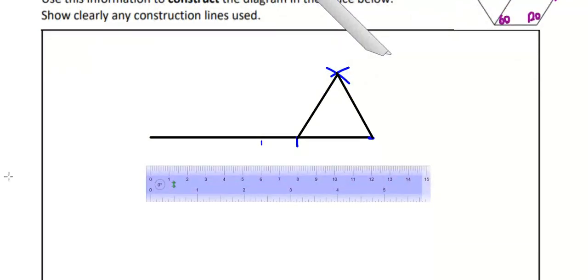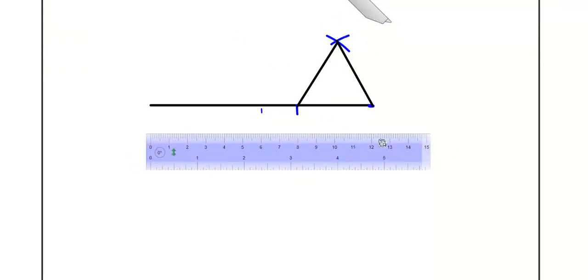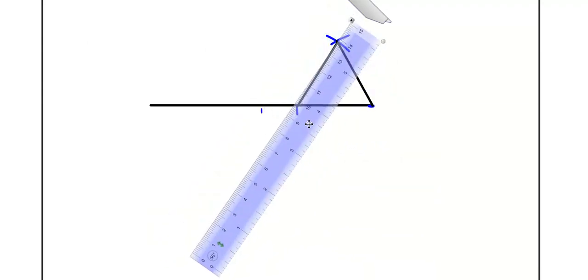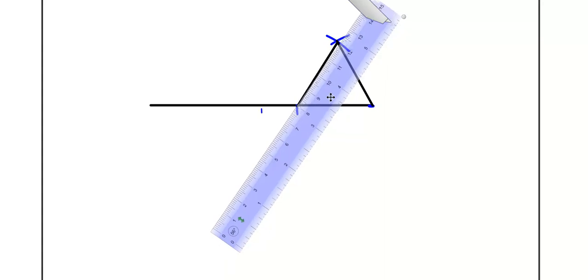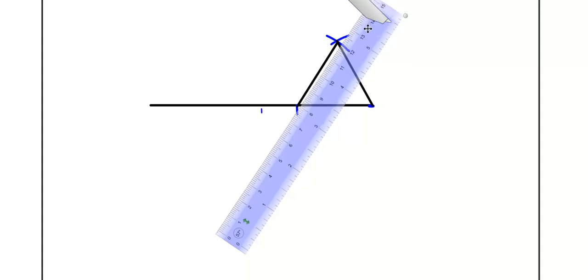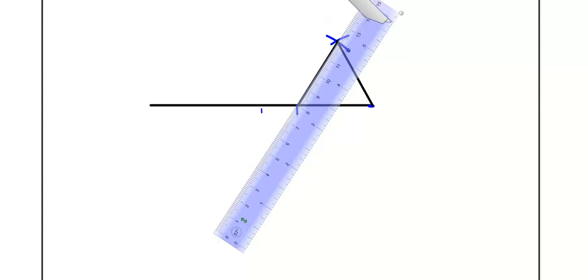Now, as I stated earlier, I have to make sure that the other part is still 12. So I line it up, 12 up here. I've got to make this 12 centimeters because it's 8 plus 4. Yeah, that's as good as you're going to get it. Okay, and that's going to be 12 centimeters as well. Then if I join the two of these together, I didn't have to construct that part. That'll be 12 centimeters there.